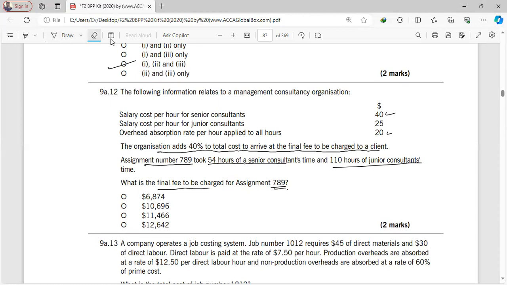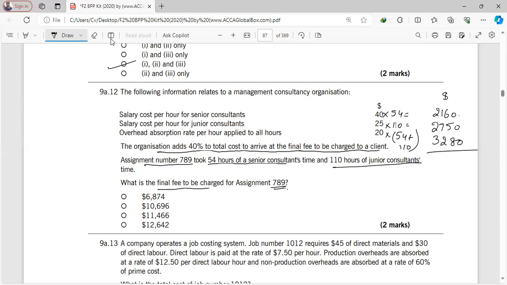So first of all, multiply the senior consultant rate 40 with the hours 54. So 40 into 54 is equal to 2160. Then 25 into 110 is equal to 2750. For overhead, we will add both the hours, 54 plus 110. So total hours are 164, and multiply it with the $20, which is 3280.